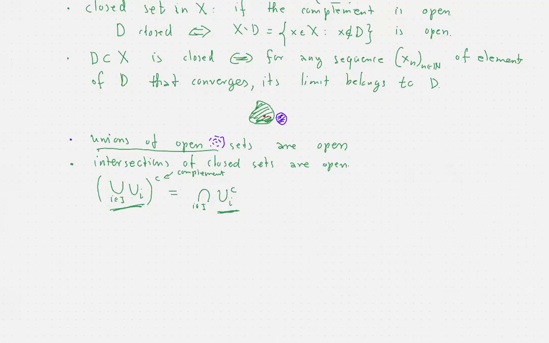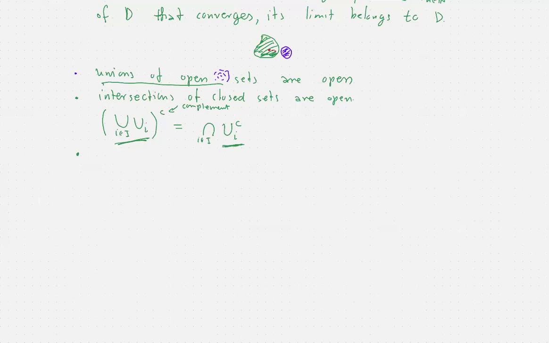Okay, however, this can be arbitrarily large collections of open sets or closed sets, but not so much is true for the other way around. So if U comma V are open, then their intersection is open.